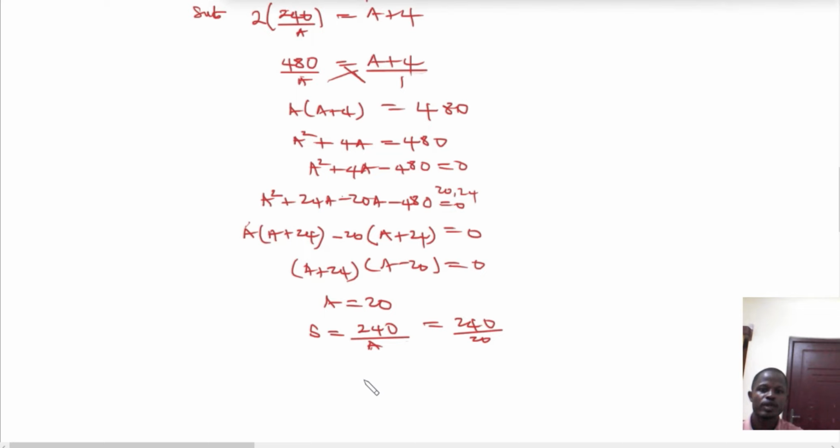If we divide 240 by this, 0 cancels 0, 2 into 24 is 12 times. So Sarah's age is equal to 12 years. So this is our answer for this question. Here we just take the positive 20, we ignore the negative 24.